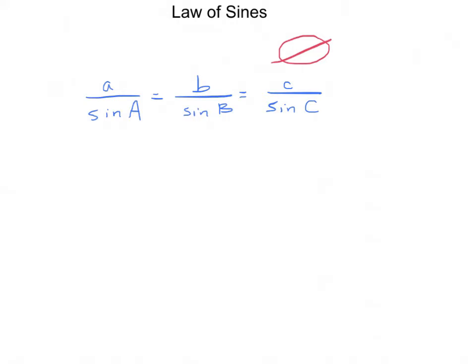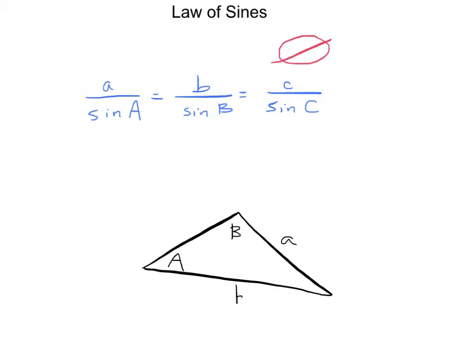The way the law of sines works is, imagine that you've got a triangle that has an angle A and side a across from it, an angle B and side b across from it, and an angle C with side c across from it. The idea is that any one of these ratios will be equal to one another. If you take the ratio of a to the sine of A, it'll be the same as b to the sine of B, and that'll be the same as c to the sine of C. Now in practice, you're always going to pick two ratios and set them equal to one another.